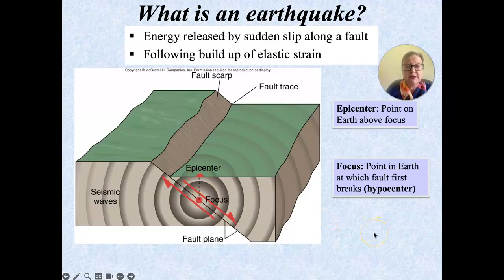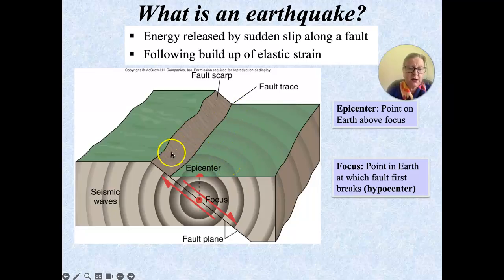A few other terms here. If the fault breaks the Earth's surface, they don't always, sometimes they remain below the surface. But if it breaks the surface and you could go out and map it, you would have what's called a fault trace. That's the surface expression of where that break meets the surface. And then this is a fault scarp, which is actually the fault surface that's been exposed because the hanging wall has gone down.